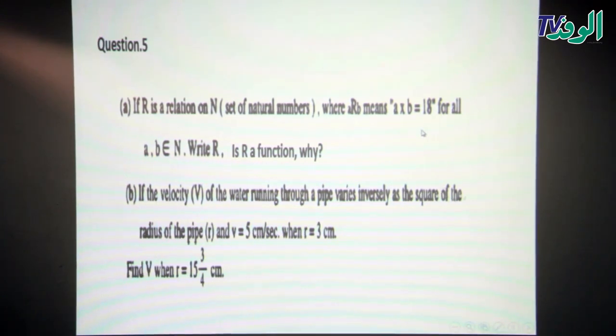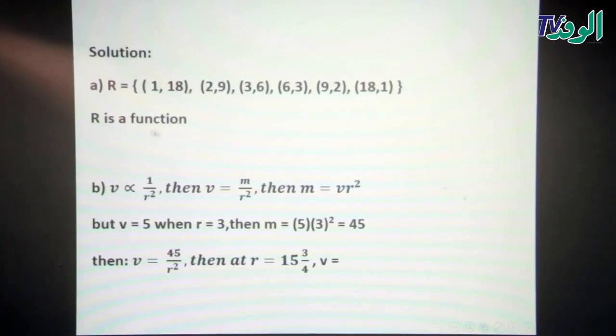So we can get the relation as (1,18), (2,9), (3,6), (6,3), (9,2), (18,1). Sorry, here I forgot to write "not". R is not a function.